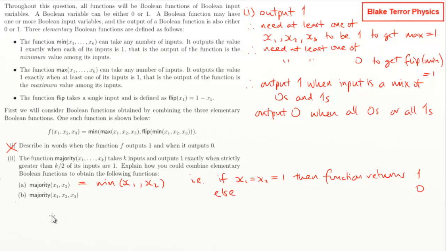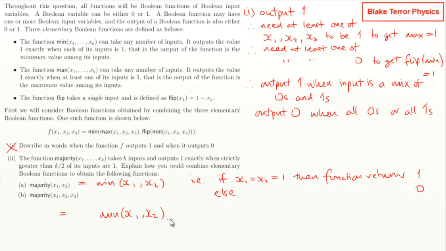Providing at least one of the pairs of numbers is both 1, then we're going to be okay, aren't we? So how are we going to put this together? We're going to need to do mins of these. If we do a min x1, x2, that will tell us if they're both 1, it will return a 1. If they're not both 1, it will return a 0.